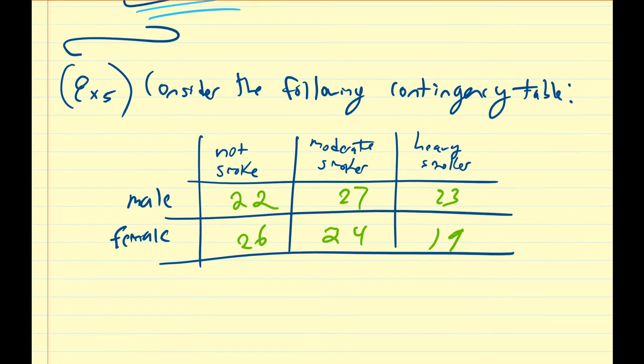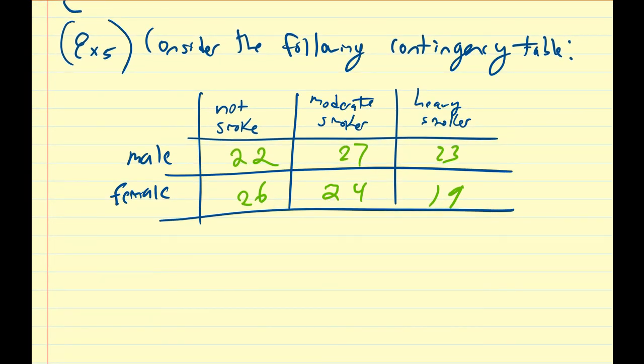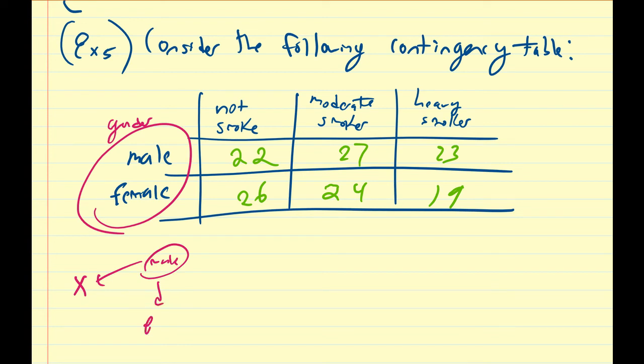Let us talk about how many degrees of freedom there are. We have two categories for gender. Let us assume a person, X, has a particular gender. If we assign it to be male, then there is no freedom to be a female, and vice versa, under standard scenarios.